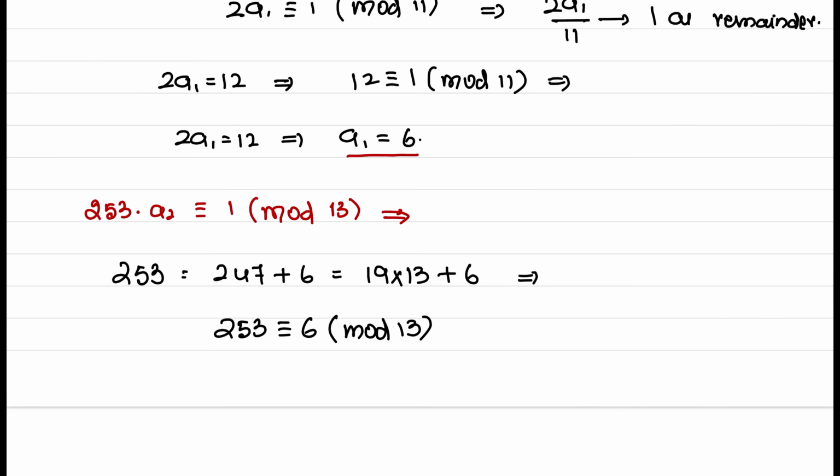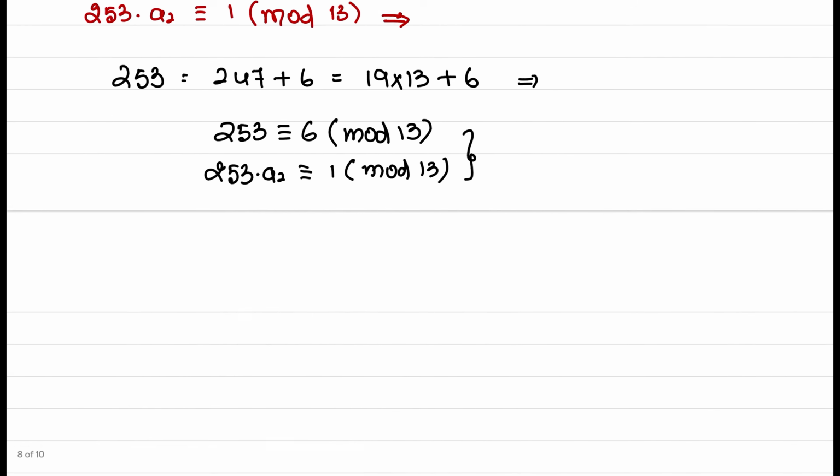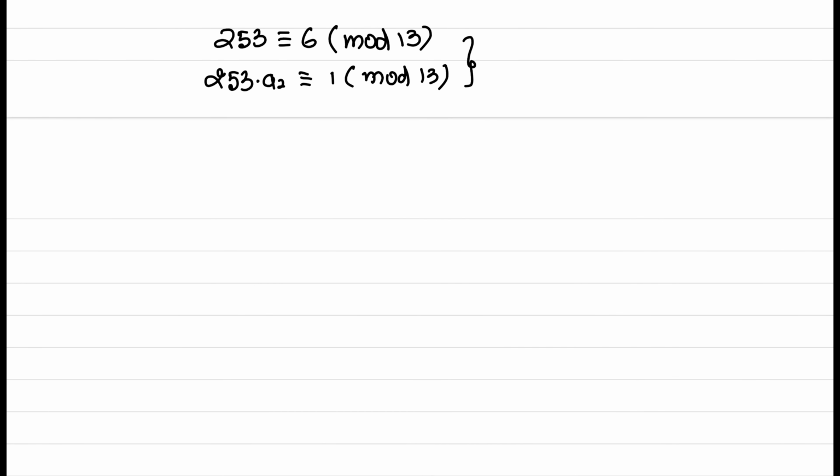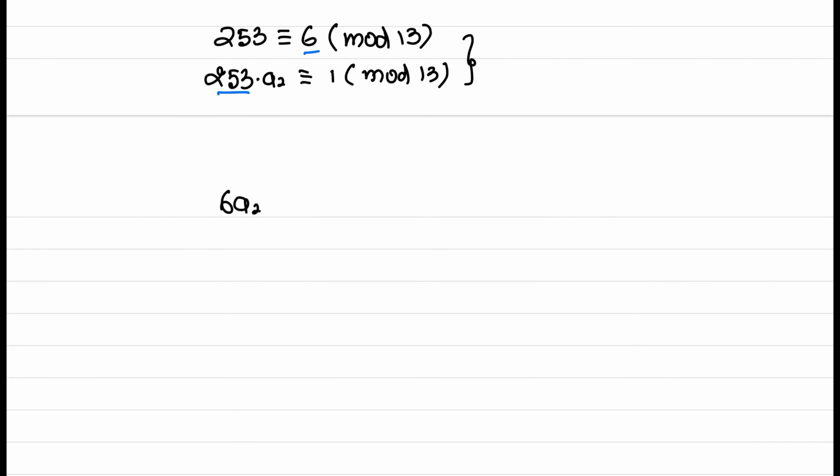What is the other equation? 253 into A2 is equivalent to 1 mod 13. From these two, what do we get? Similarly, as we got in the previous one, we got the 6 and 253. You replace them with each other, and we get 6A2 is equivalent to 1 mod 13.